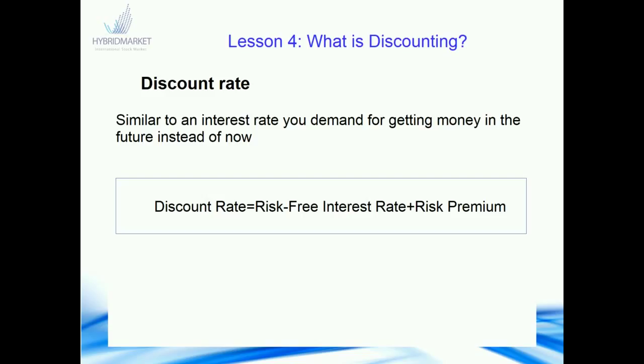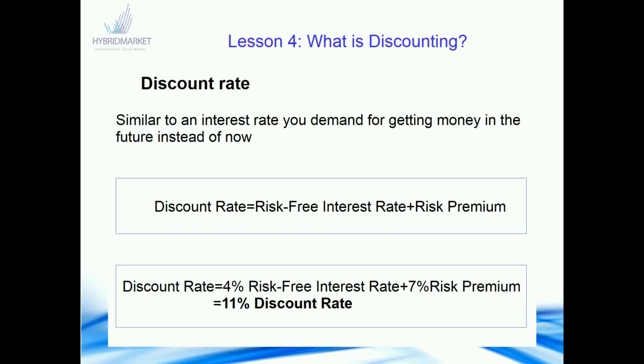It is calculated as the sum of the risk-free interest rate that you could have gotten on your money if you had received it today, which is usually taken as the interest rate on essentially risk-free government treasury bills, and a risk premium for the uncertainty that the promise will actually be fulfilled. For example, if the current interest rate on treasury bills is 4% and we take the risk premium as 7%, we get a discount rate of 11% per year.